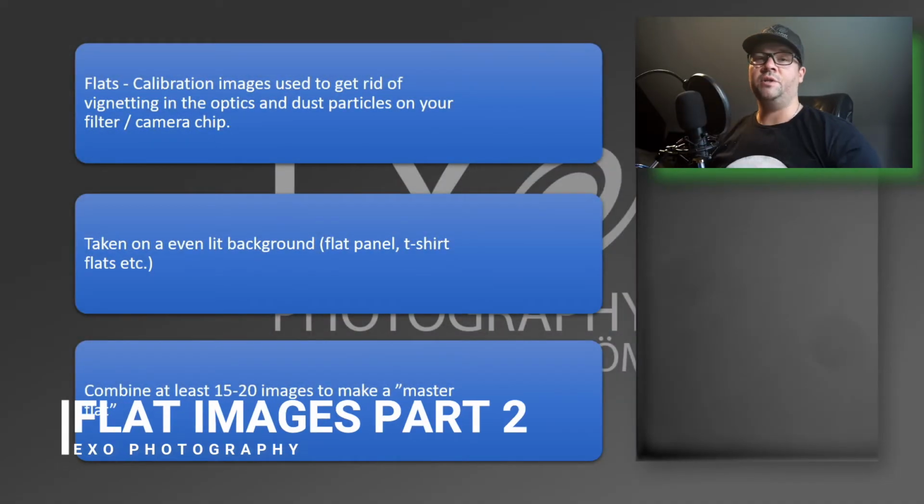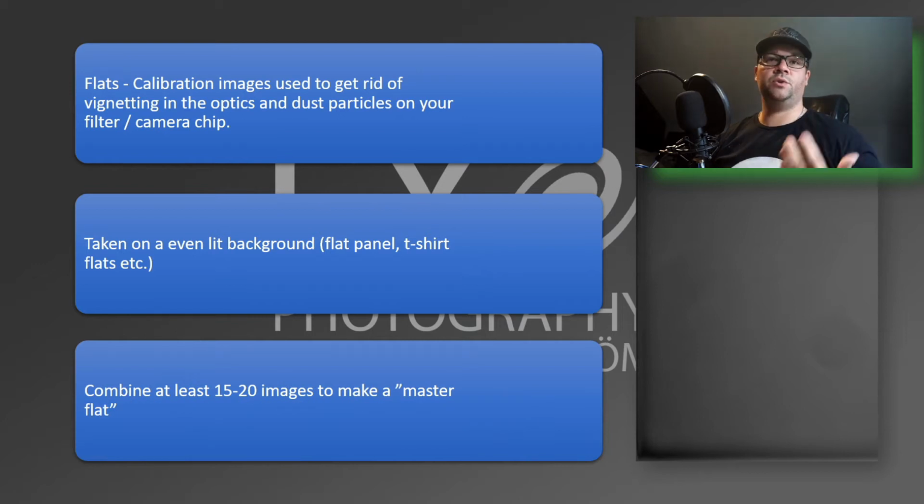So a flat image is one kind of calibration image which is used to get rid of vignetting in the optics and also dust particles which can show up on your filters and your camera chip.